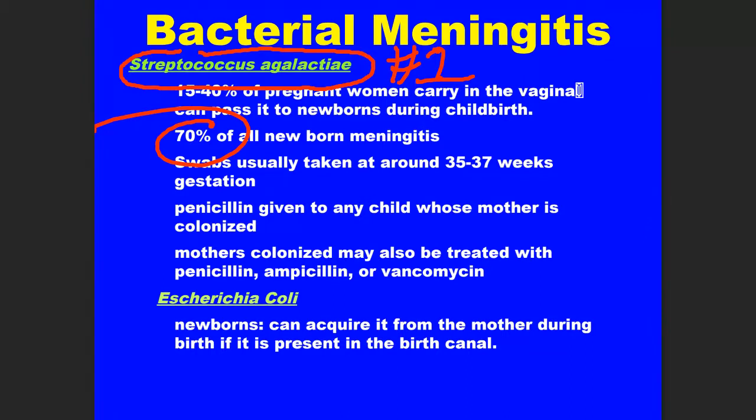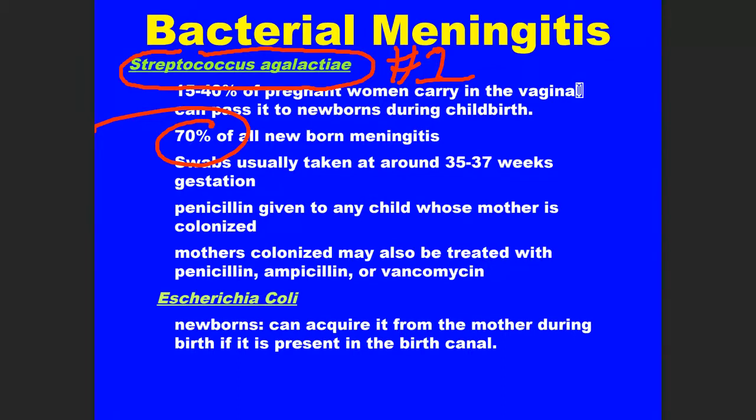That's because if the bacteria is still there during birth, it can be transmitted from the genitourinary tract of the woman into the mouth of the baby. Then it goes from the mouth to the throat, from the throat into the blood, and the blood carries it to the meninges. So it's very important to test for this, and if positive, get treated, because this can cause a very severe form of meningitis in newborns. It's the number one cause.